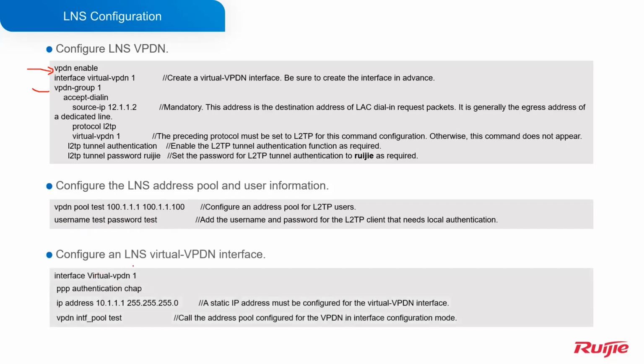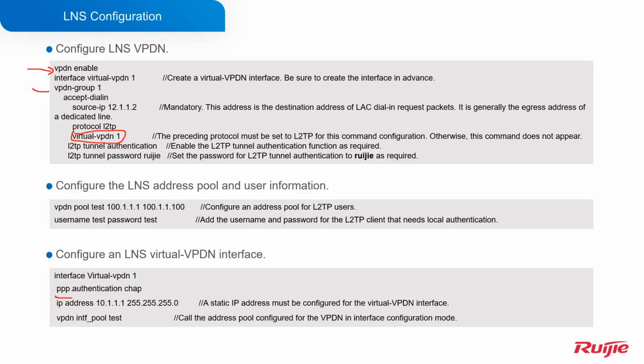And then you have to create the virtual VPN interface, right? Because we already use the virtual VPN interface in the LNS configuration here. So what's the information of this virtual interface? You have to use PPP.